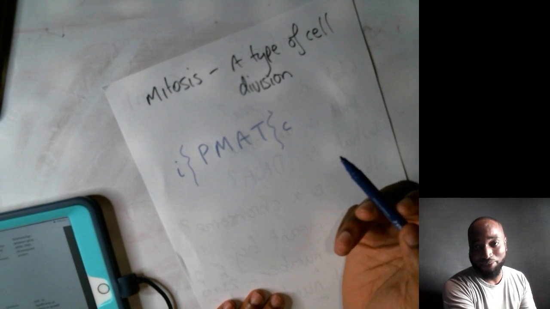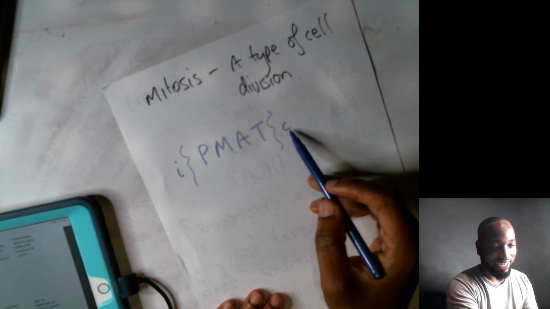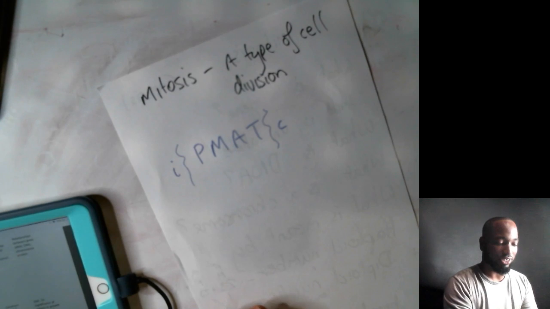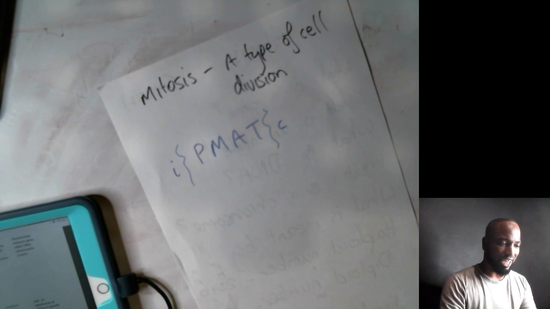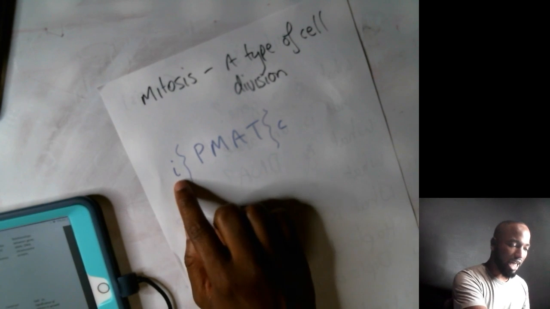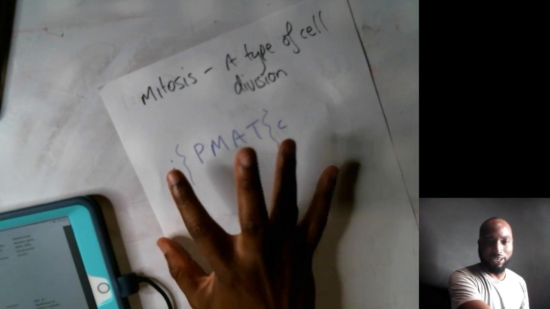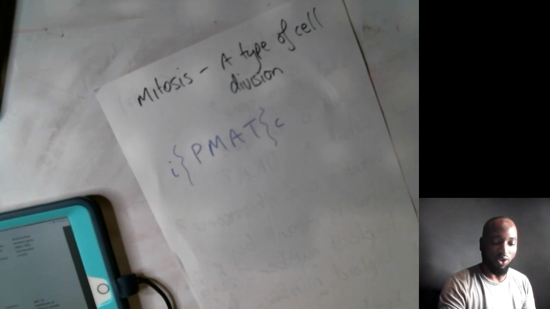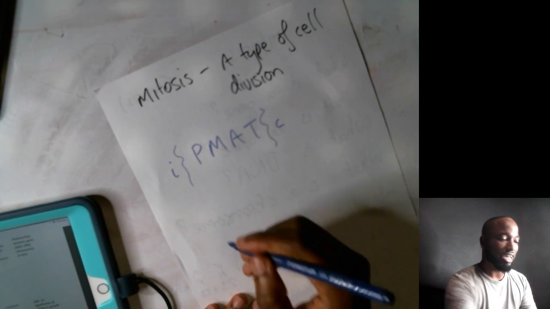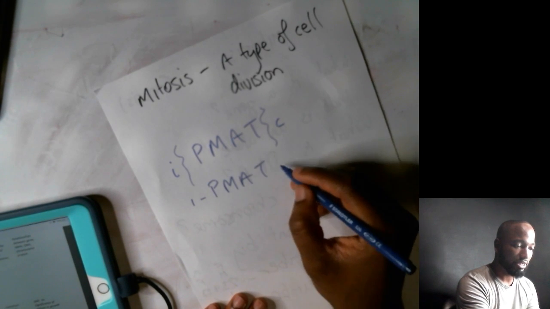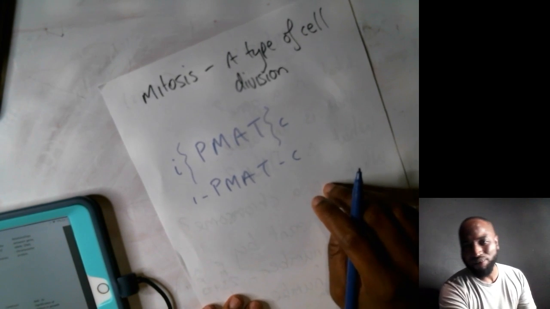Maybe this might help somebody. The reason I put the C is because that's cytokinesis, and this I is the interphase. But I just put them in common because this is the real scene here. So how you can remember it is I, P, mat, and just put the C. I, P, mat, and C.